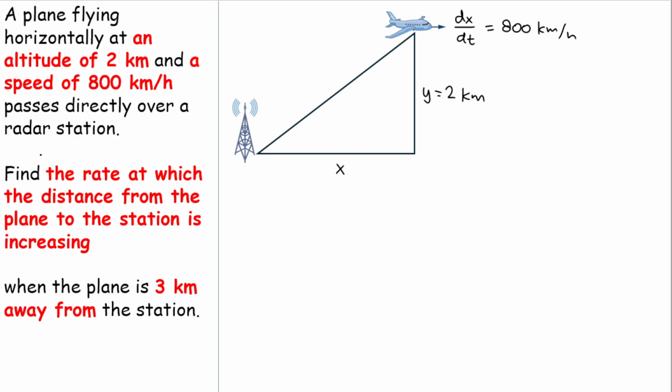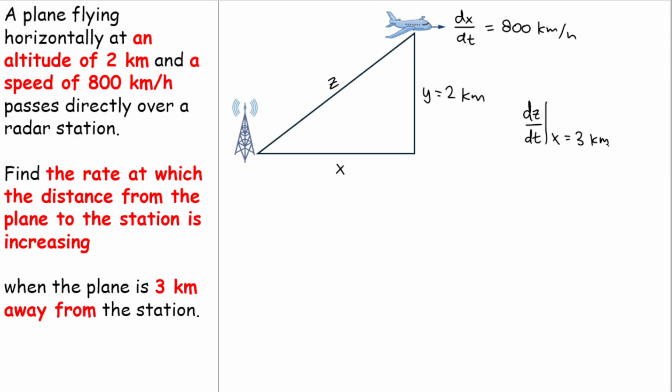Okay, and the question is asking us to find the rate at which the distance from the plane to the station is increasing. So I will have z here, which is the distance from the radar station to the plane, and the question is asking us about dz/dt when x is equal to 3 km.